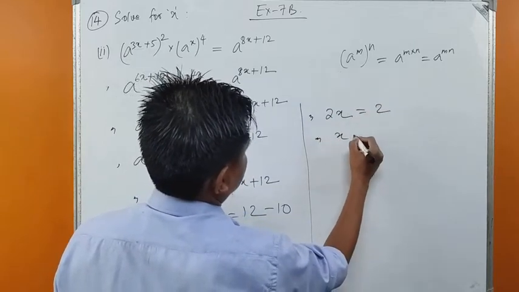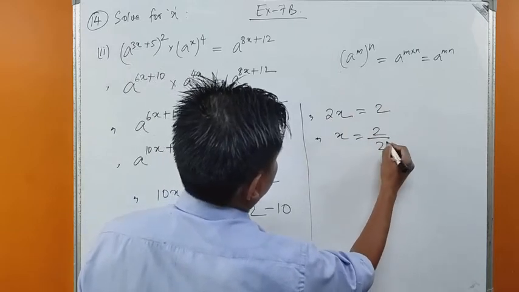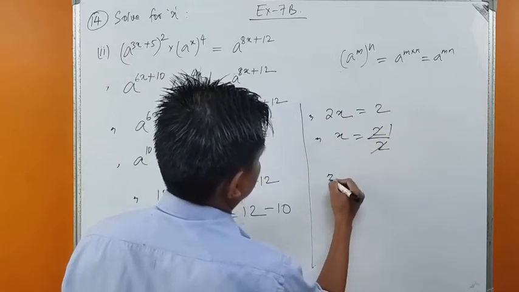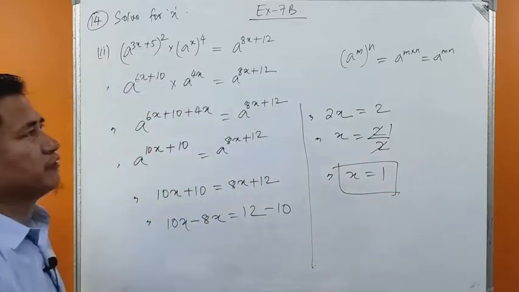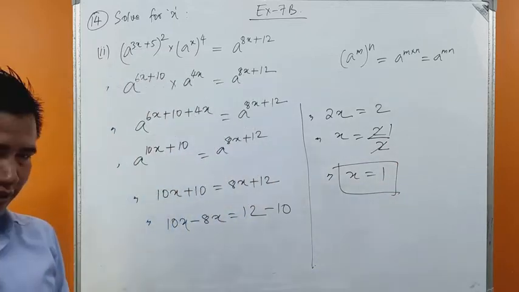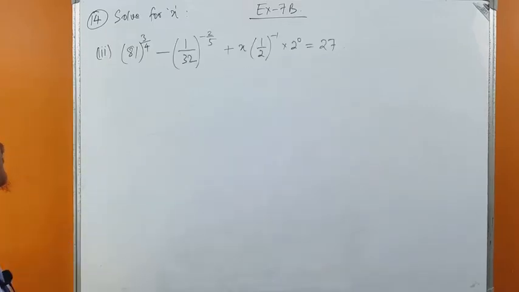So x equals, we have 2 here, let's take this 2 to the denominator, 2 and 2 get cancelled, so x equals 1. We were asked to find the value of x, and the value of x is 1. Now let us do question number 3 of 14.